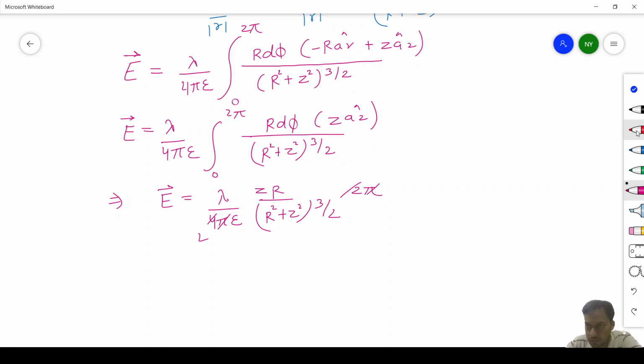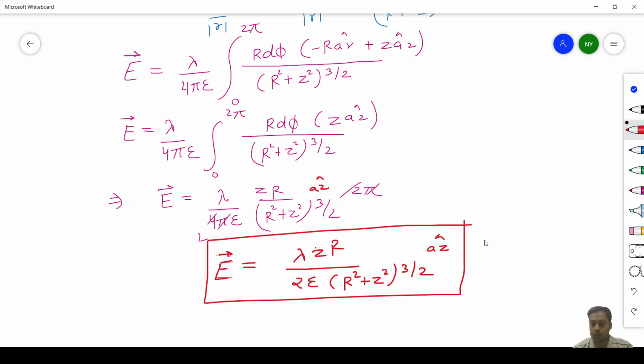Now what is given in the question? The B part, the maximum value we have to calculate for z. So for the B part, let us see the B part. We have to calculate the maximum value of E for z. So we have to differentiate this E term with respect to z and put it as 0. So let us evaluate this.